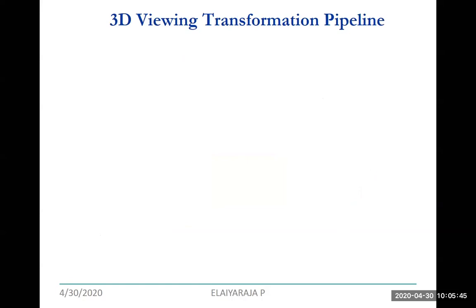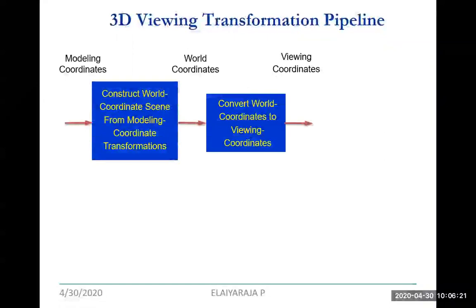Now, the 3D viewing transformation pipeline. First is modeling the coordinates, right? Where we write any polygon, we model the particular polygon with its coordinate values. Then convert world coordinates to viewing coordinates.